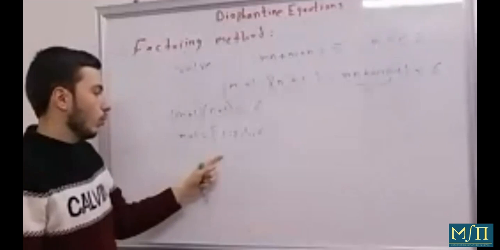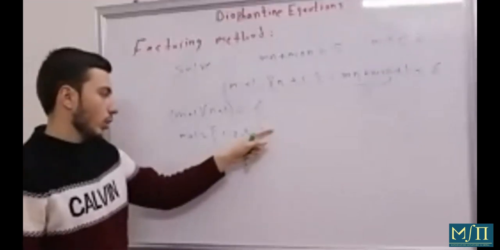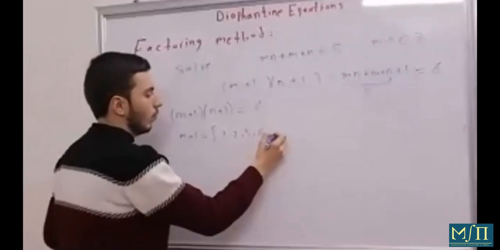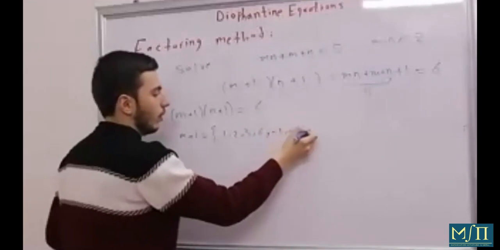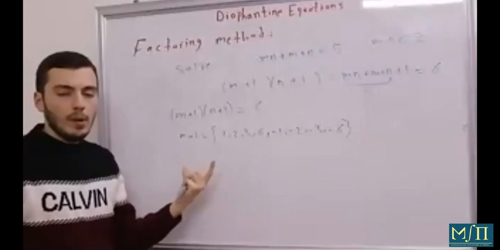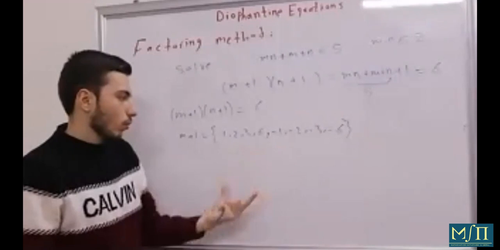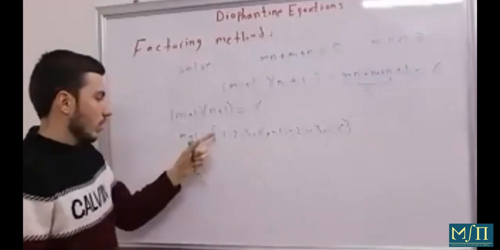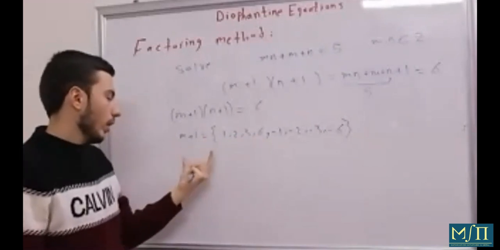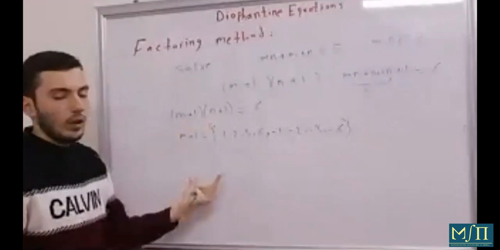So we should also discuss the negative divisors of 6. If we set just this, we'll lose some marks because we have other solutions: -1, -2, -3, and -6. So we should always remember the negative divisors as well. Okay, so we will have m equals 0, 1, 2, 5, and so on. We just subtract 1 from this set, and we do the same for n, and we're done.